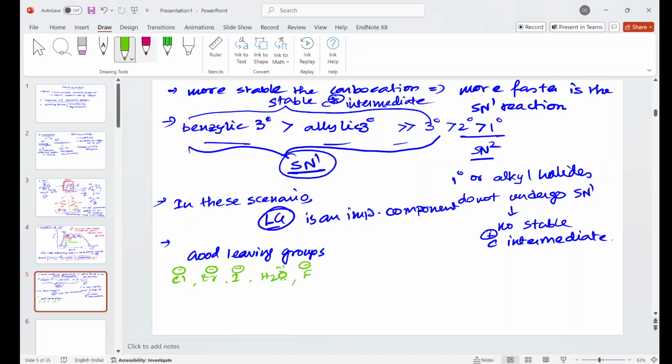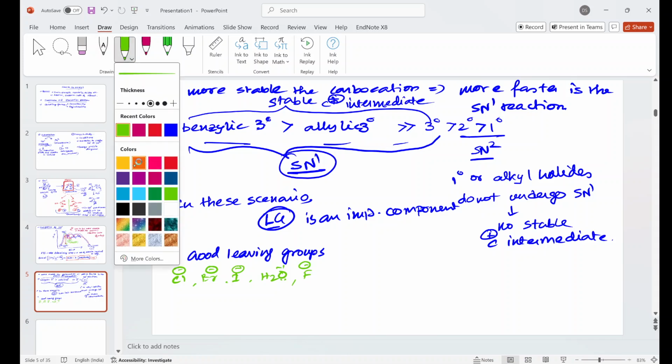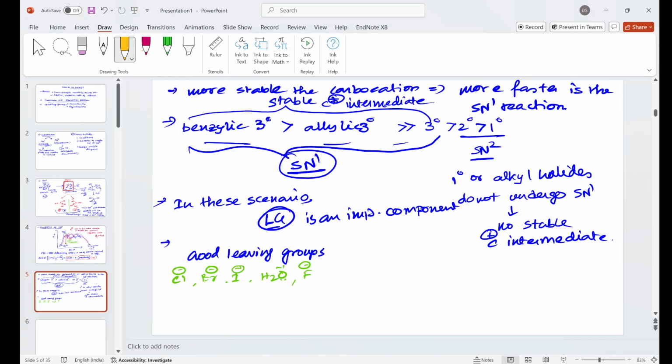Okay, then you have the acetate one, then you have OH minus, OCH3 minus, and NH2 minus.